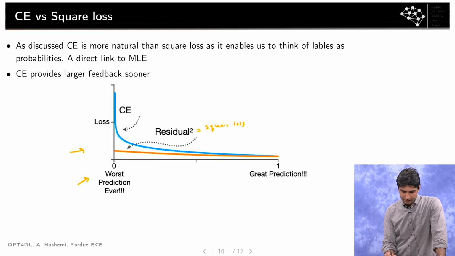And obviously, as our predictions get better and better, we expect both of these loss values to go to zero. When the training is done and we have a very good model that can make great predictions, both of these loss values are going to be very, very small.